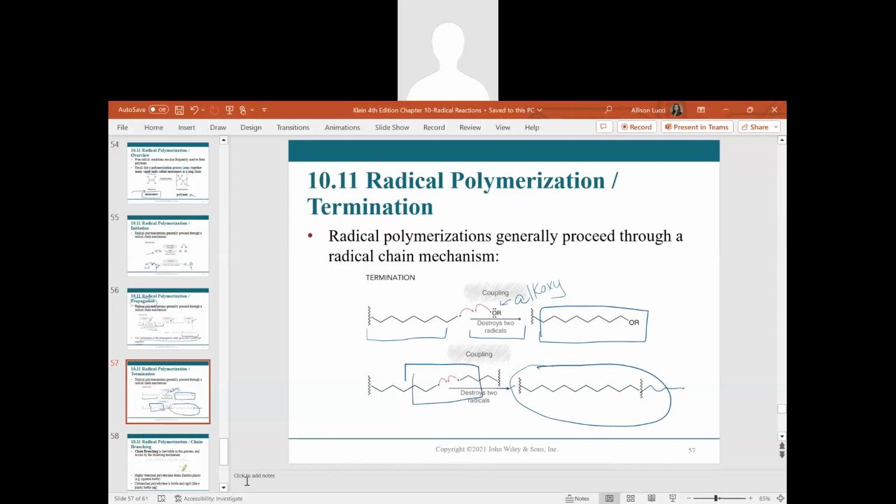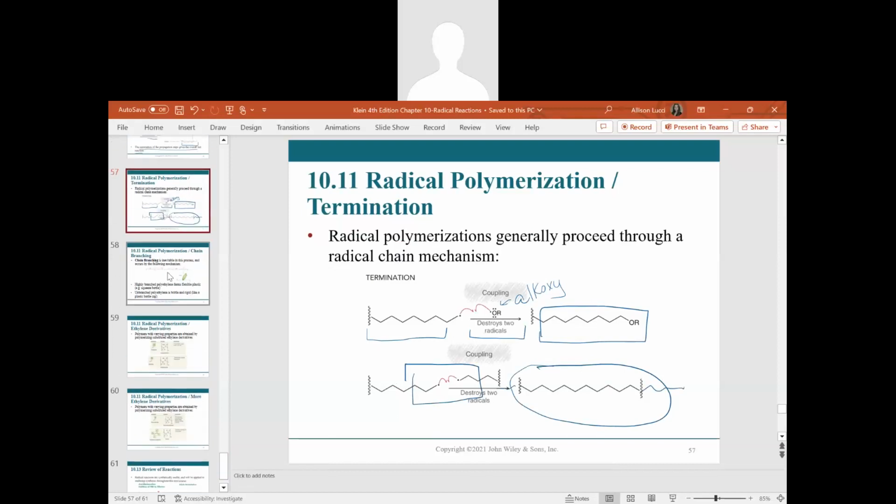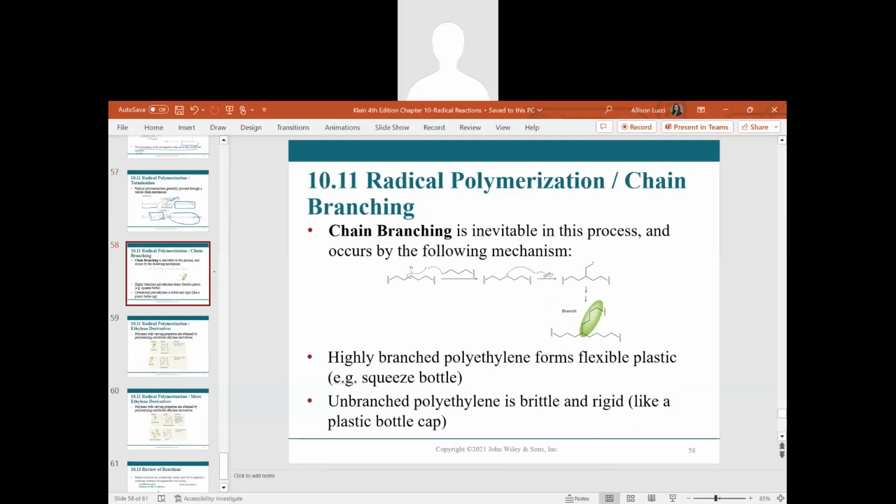So depending on what product is wanted or desired, we might want to end up with some chain branching. We can see that depending on conditions, we know that branching is an inevitable process, and it might occur through this type of mechanism where we see a hydrogen can be abstracted by a radical in this first step here.